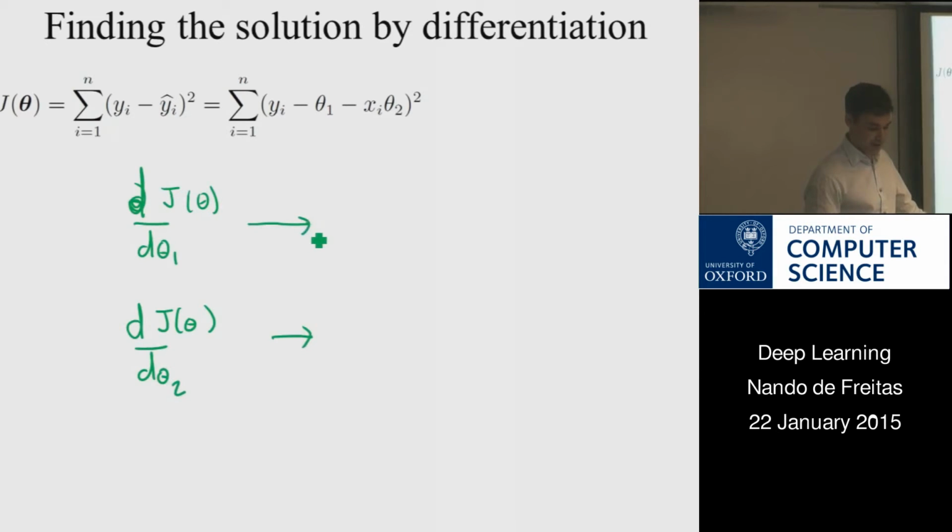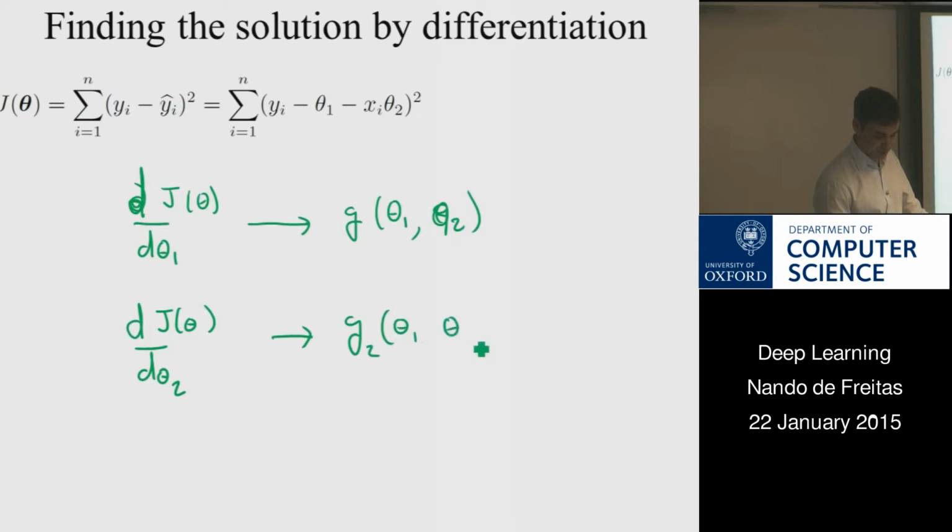This would give me an equation with two variables, and this would give me another equation with two variables. So basically two equations with two unknowns. These are called the normal equations.